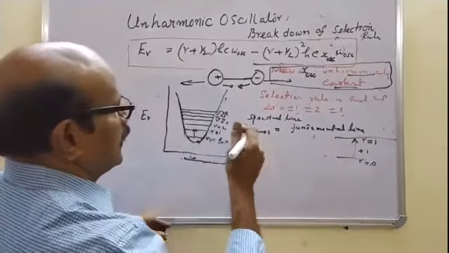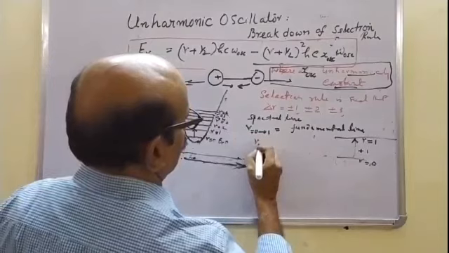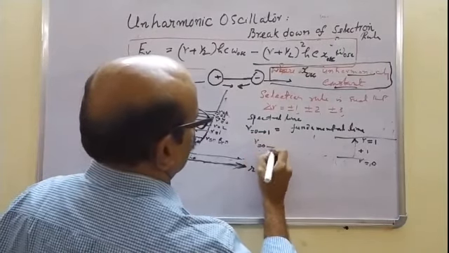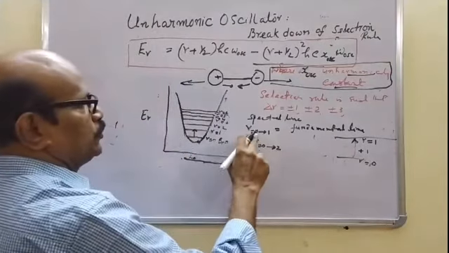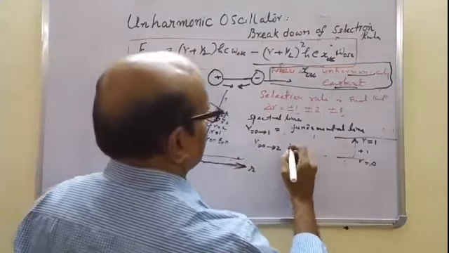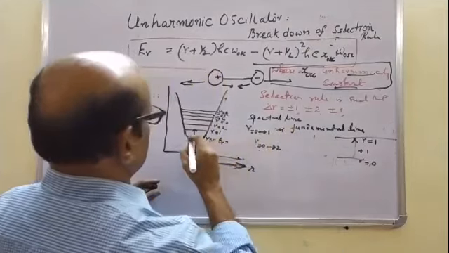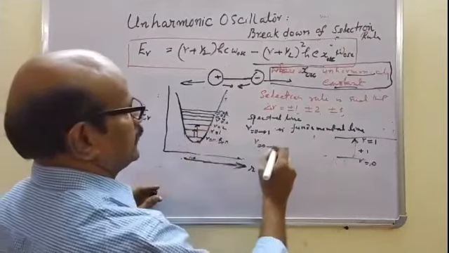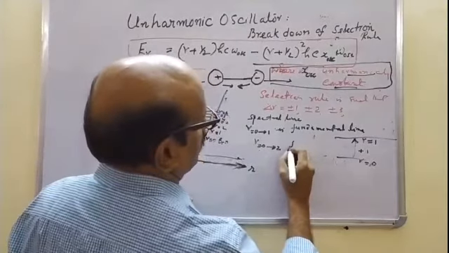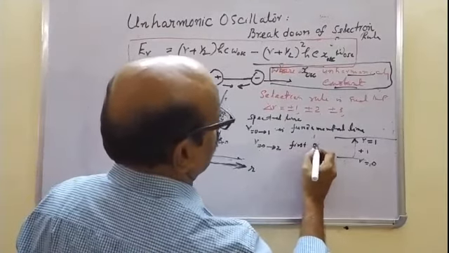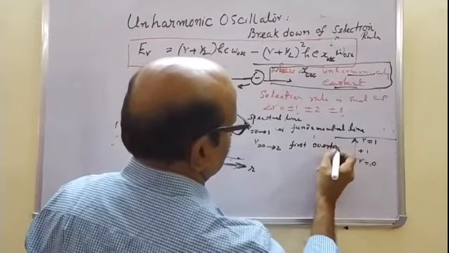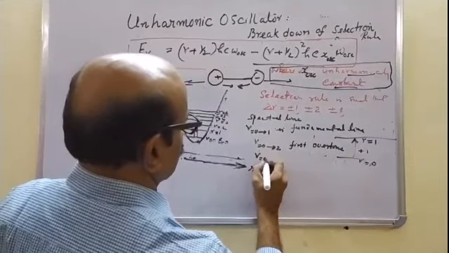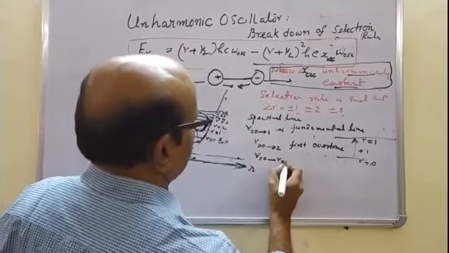While the other line, that is nu is equal to 0 to nu is equal to 2, is called the first overtone എന്നാണ് അറിയപ്പെടുന്നത്.